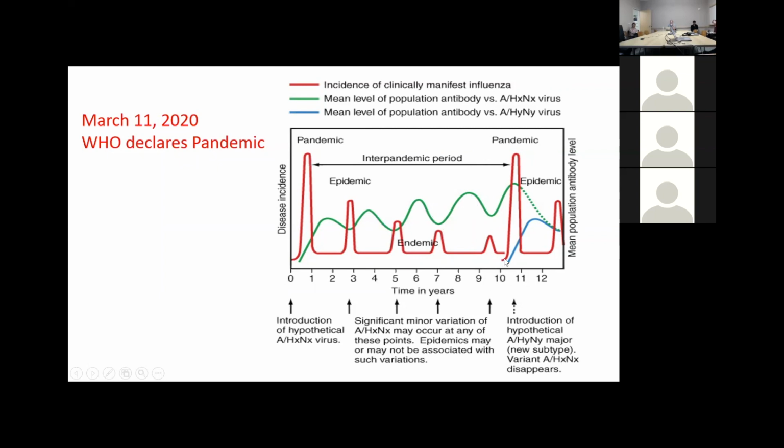But then again, we have a new introduction of a new virus because, and again, nobody has immunity to this virus or this strain of virus. So again, we have a spike in cases. It drops down as time passes, and then people start developing antibodies to this virus.